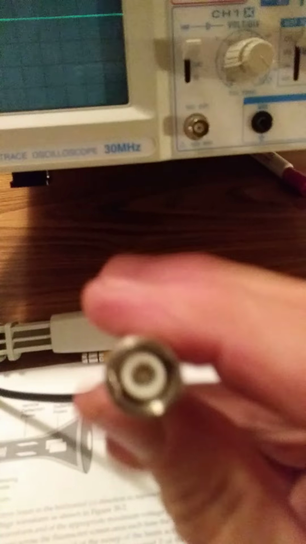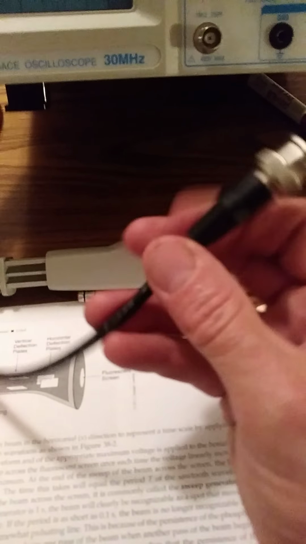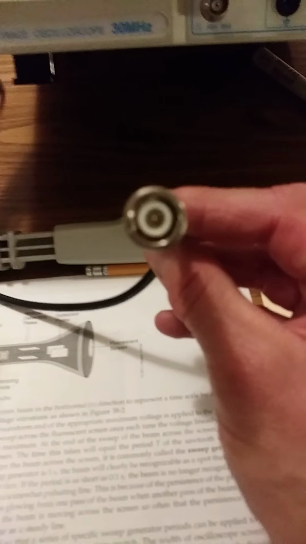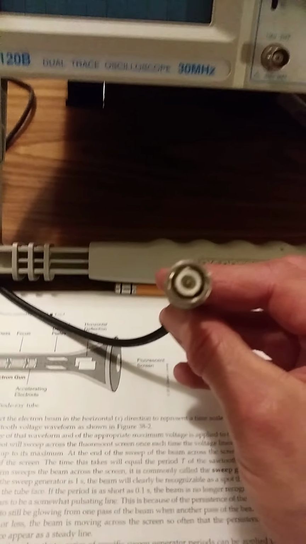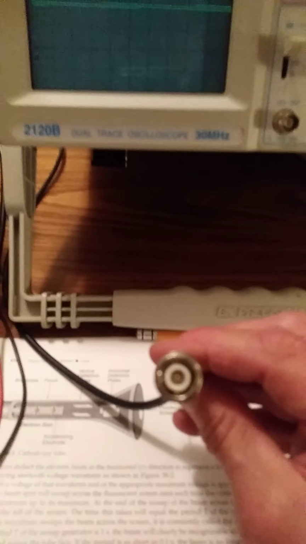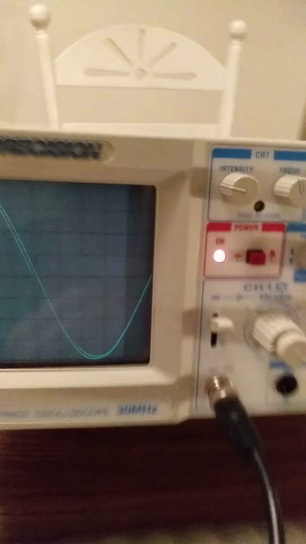The coaxial cable, as you know, is a cable with a wire in the center, and then there's a metal shield around the outside of it, and in between the shield and the central wire is some dielectric material. Essentially the signal, the voltage that you're looking at on the oscilloscope, comes in through the central wire, and the shield is held at 0 volts, which would be ground.